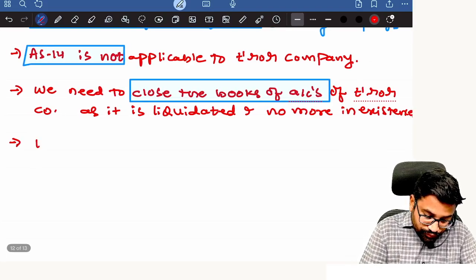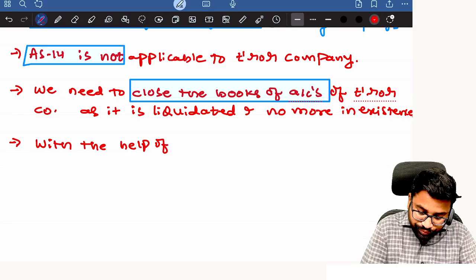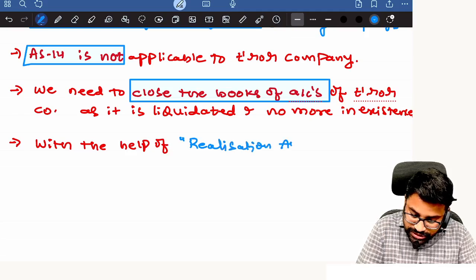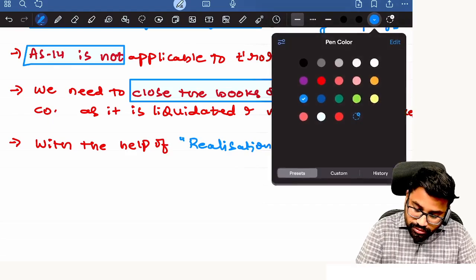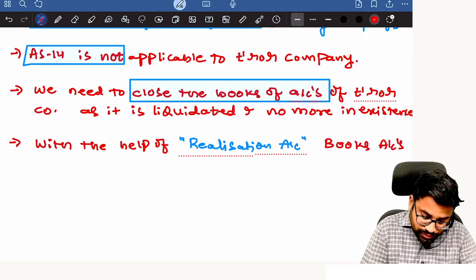So with the help of realization account, books of accounts will be closed.